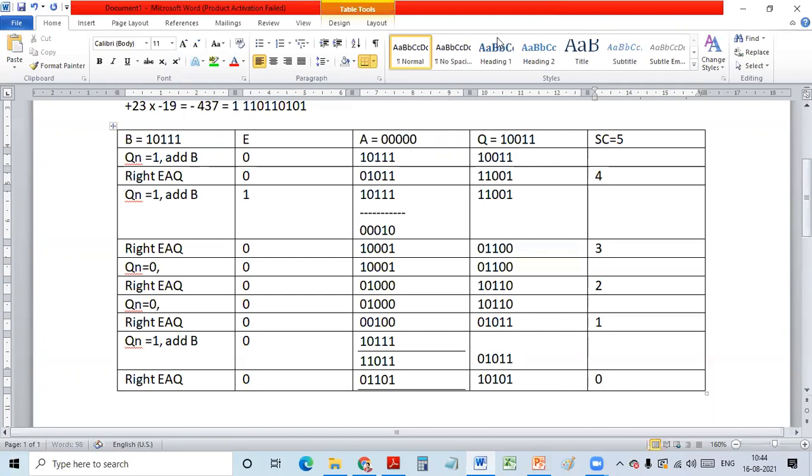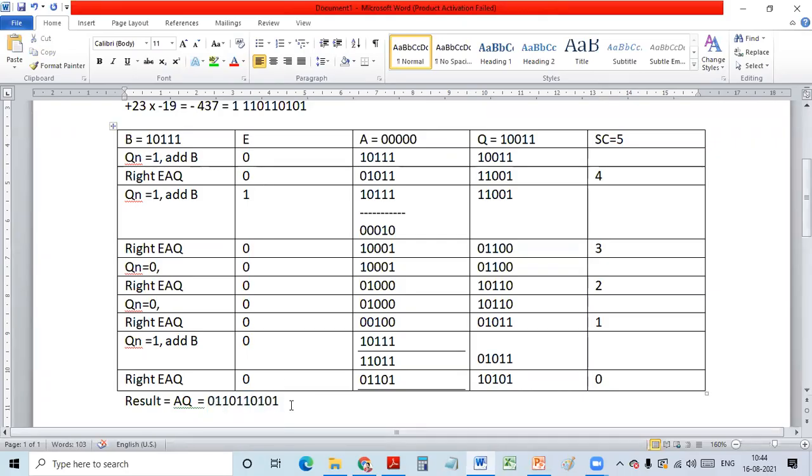So now your result is in the A and Q registers, which is nothing but 0, 1, 1, 0, 1, 1, 0, 1, 0, 1. Okay. So the number of bits here forms the magnitude, right?